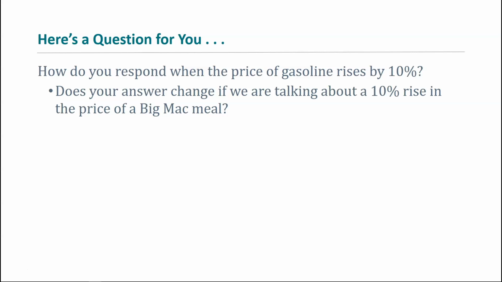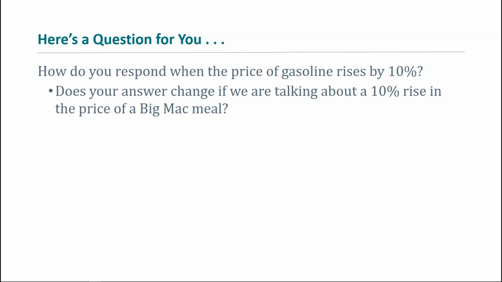But for others of us, we think about, well, if the price of a Big Mac goes up by 10%, I don't really need that Big Mac, right? I can switch and eat a Whopper instead, or I can go buy groceries and eat at home instead. So how I respond to a 10% change in price of gas is very different from how I respond to a 10% change in price of a Big Mac.